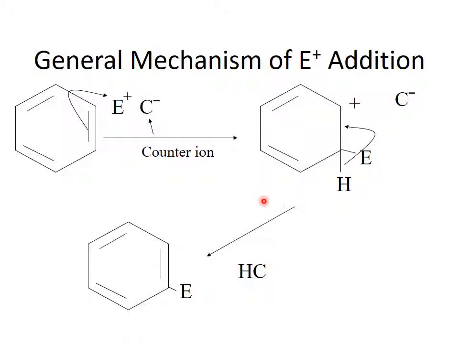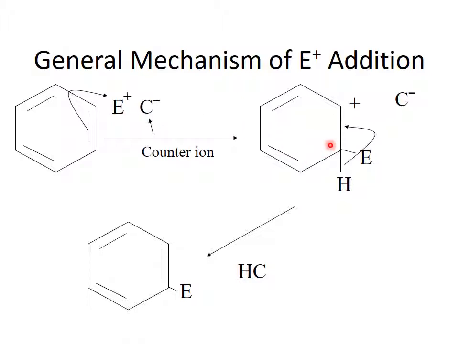So here's the general mechanism of electrophilic addition. Something that provides an electrophile. Of course, you have to have a counter ion to it. But there's an electrophile. The electrons in the benzene ring reach out and grab that electrophile.